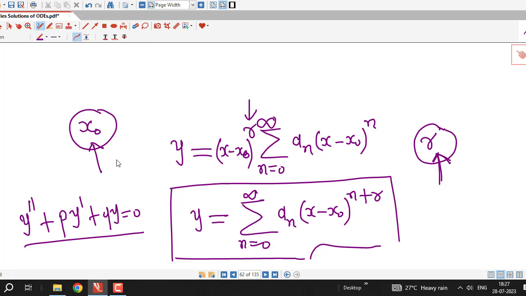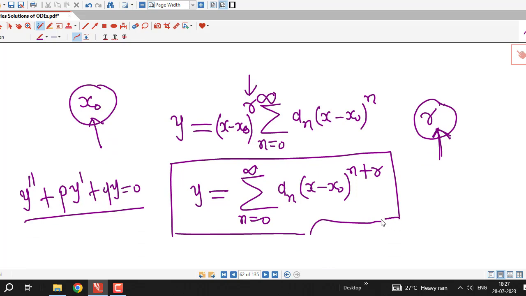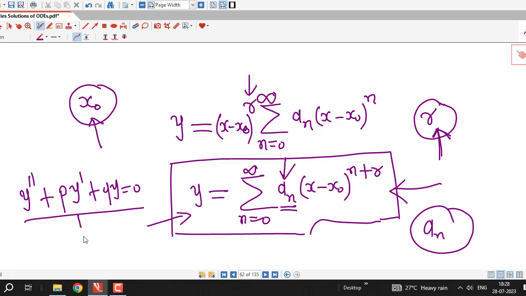So this is the idea of the Frobenius method. The series solution will be in this form, where we have to determine the constants a n by substituting this solution in the given equation and comparing the coefficients of like powers of x.